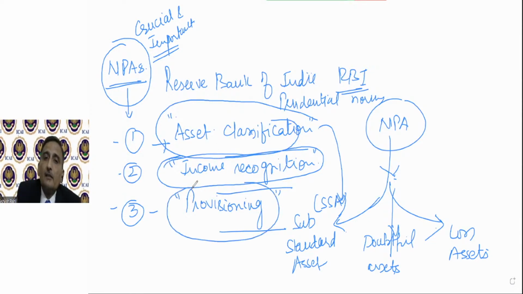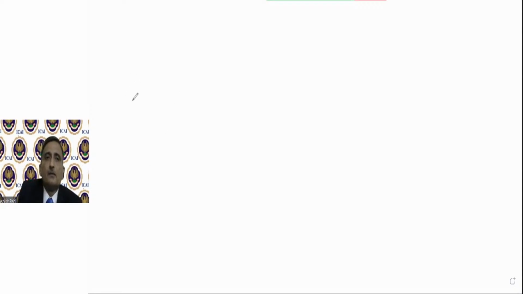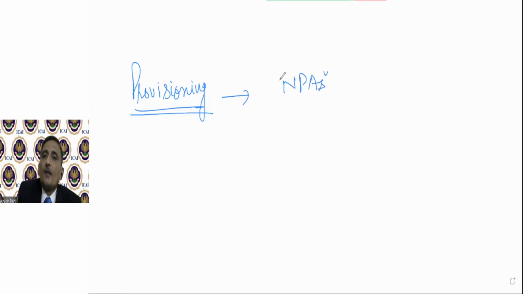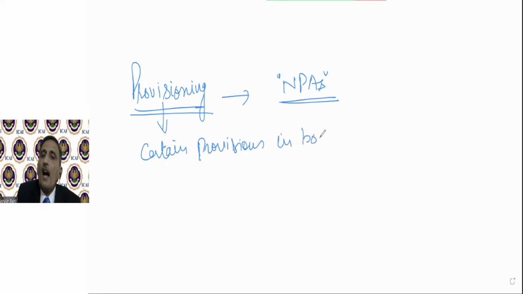Third is provisioning. What is provisioning? Provisioning in the context of NPAs means, guys, that in respect of NPAs, the banks have to make certain provisions in their books as per RBI guidelines, as per RBI prudential norms.